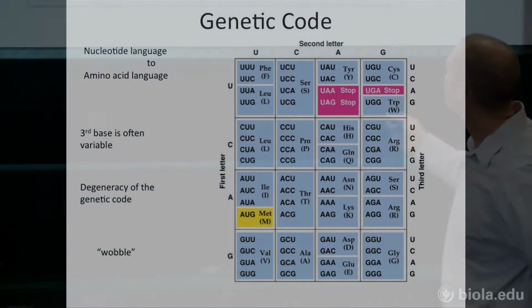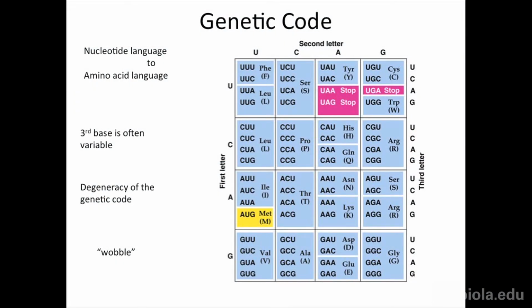Now, remember I showed you leucine had, I forget, UUA, I forget what it was. Go back here to the genetic code. Here's leucine. UUA, UUG, those could use the same tRNA because it's only the 3rd position that's wobbling.